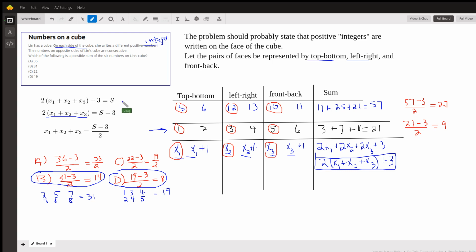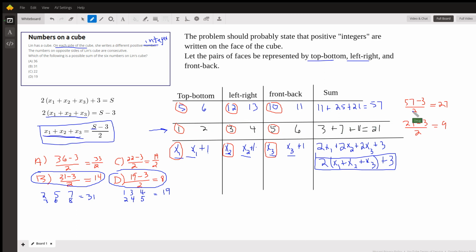So I subtracted 3 and divided by 2. This is an expression for x sub 1 plus x sub 2 plus x sub 3 in terms of s. If you subtract 3 from s and then divide by 2, that's what these three integers have to add up to.